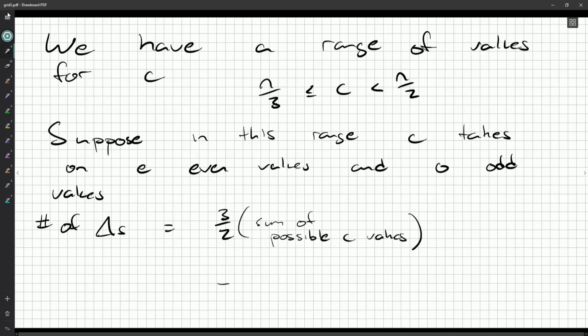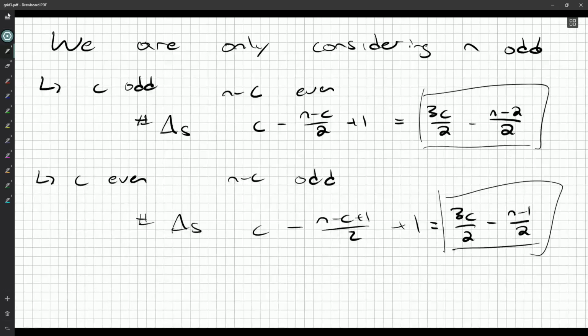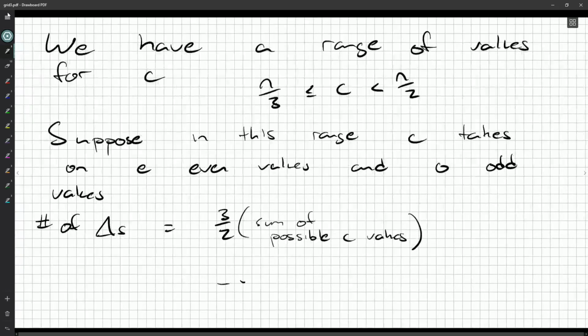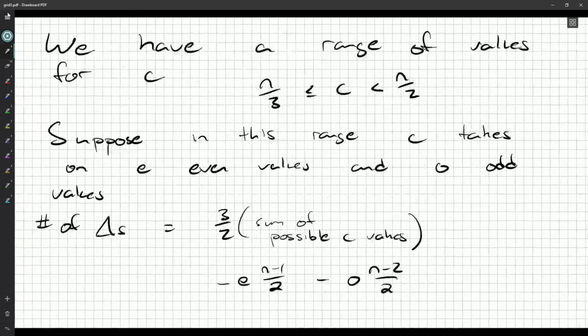And then minus: if C takes on an even value, it'll be minus E times (n minus 1) over 2. And if it takes on an odd value, it'll be O times (n minus 2) over 2, right? Okay, so I just need to know the range of C values, how many evens and how many odds are in that range, and then I can figure out Tn.